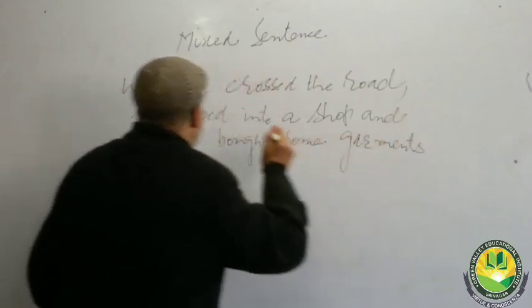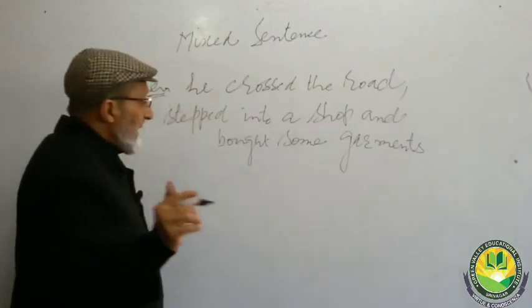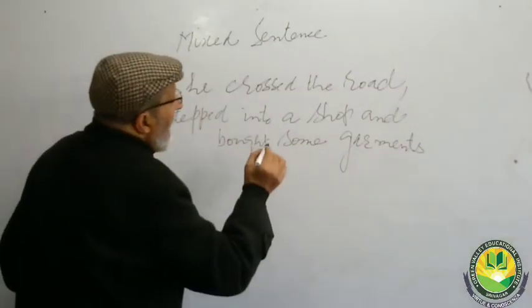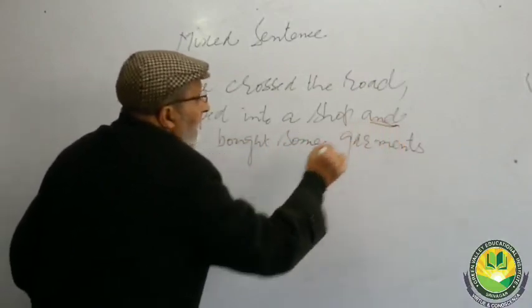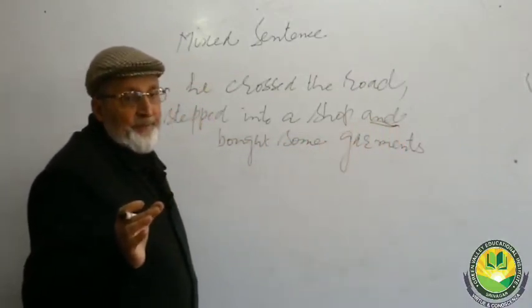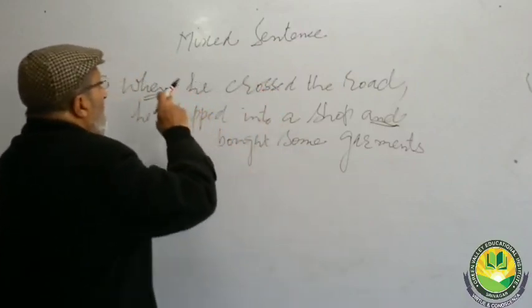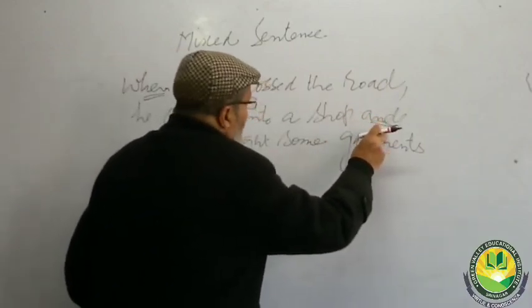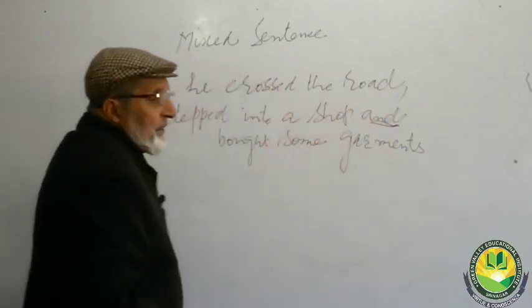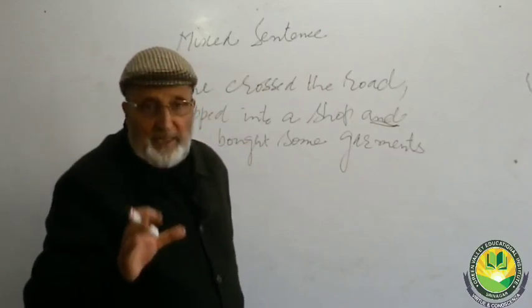So look at it. When is a connective, a simple conjunction, and and is a compound conjunction. So this sentence comprises a connective and a conjunction, and thus the elements of all the three types of sentence.